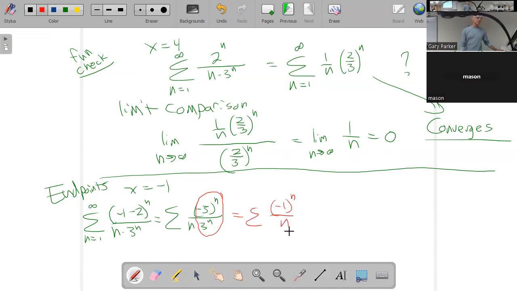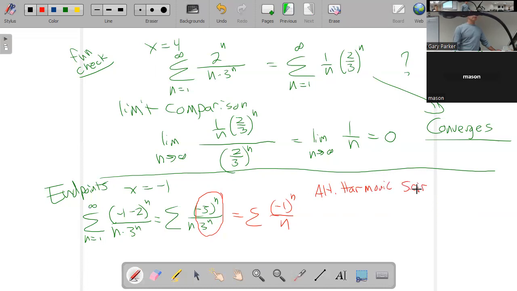What do we know about that series right there? That is the alternating harmonic series. And we used the alternating series test on this before to show it converges. So this right here is the alternating harmonic series.